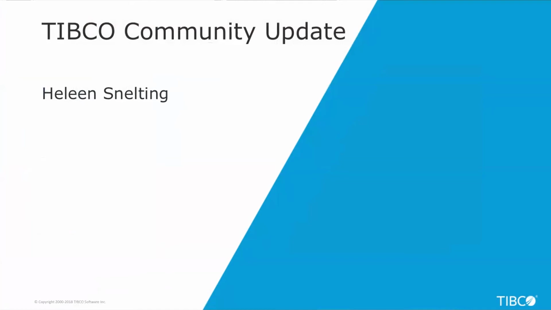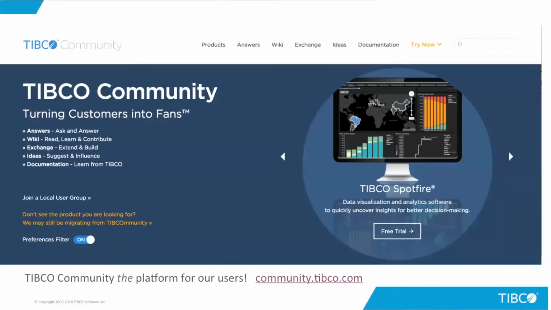The main sections of the TIBCO community are answers, wiki, exchange, and ideas. I always start this section by reminding you of what those sections do for you. The answers section is where you can ask questions and get answers. Everyone can help answer those questions, and they're definitely checked by the TIBCO experts.